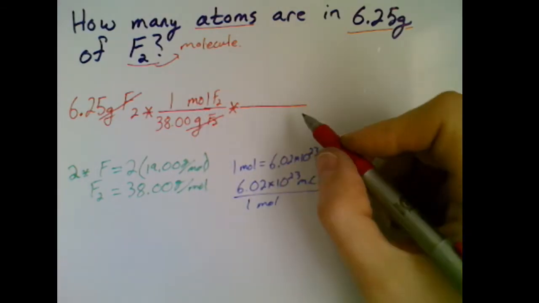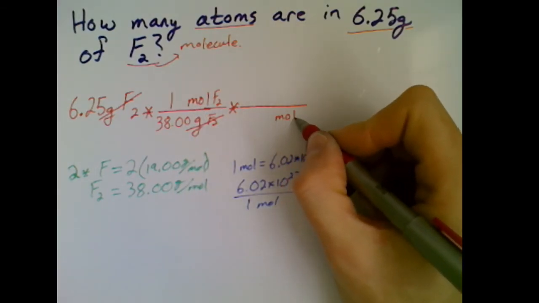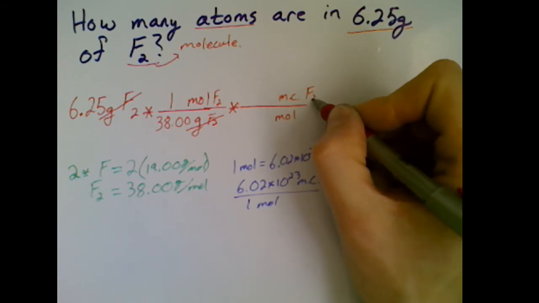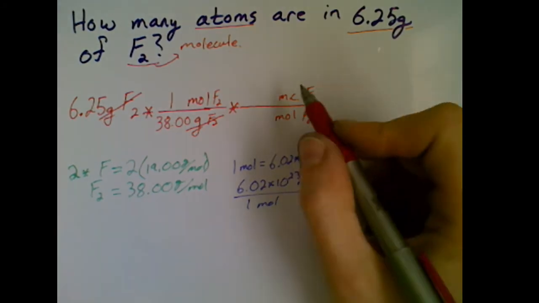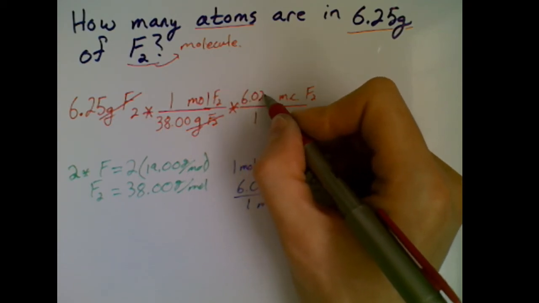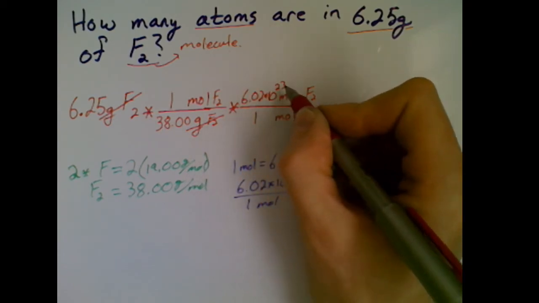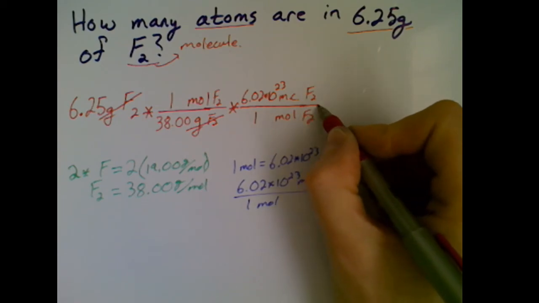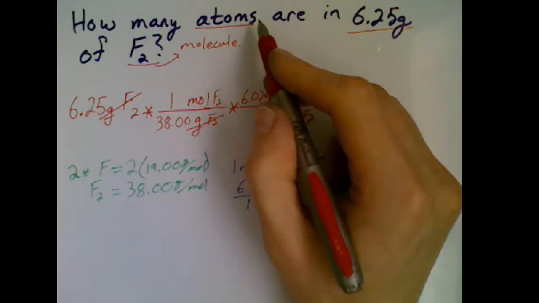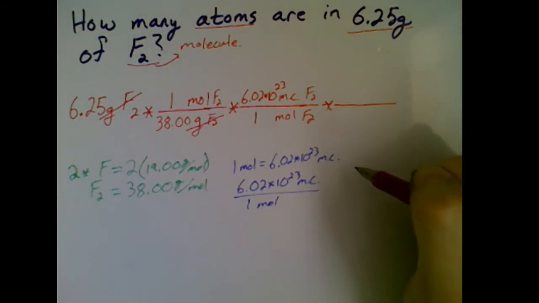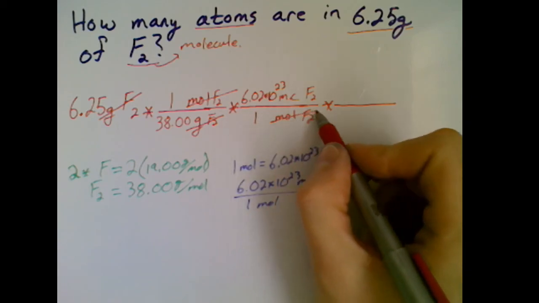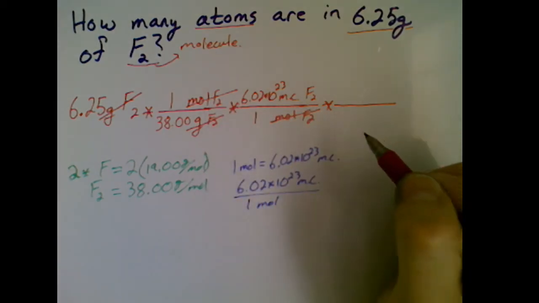So I want to get rid of moles, so moles is going to go on the bottom. I want to turn it into molecules of F2, so that's going to go on the top. 1 mole of F2 has 6.02 times 10 to the 23 molecules. But I'm at molecules, I'm not at atoms, and that question wants me to find atoms. My previous calculation, moles divided by moles, goes away.